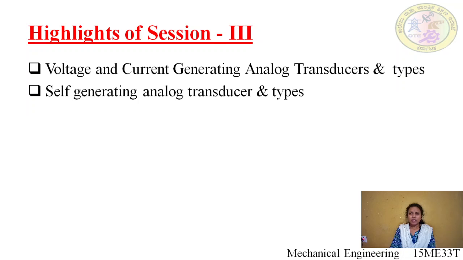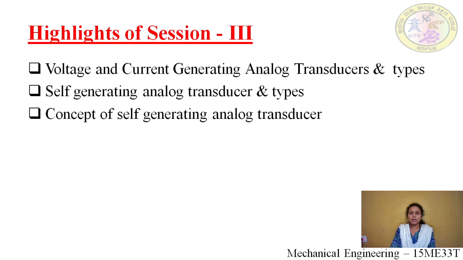We saw some types of self-generating analog transducer: single coil transducer, 2-coil inductive transducer, electromotor transducer, electrodynamic motor for rotary motion transducer, and then the eddy current transducer.